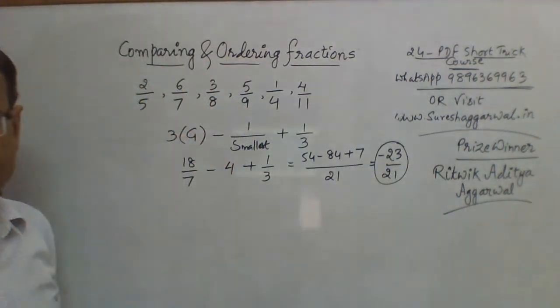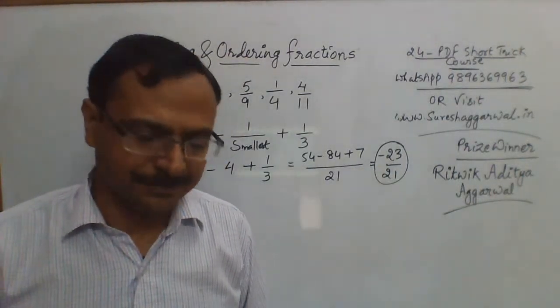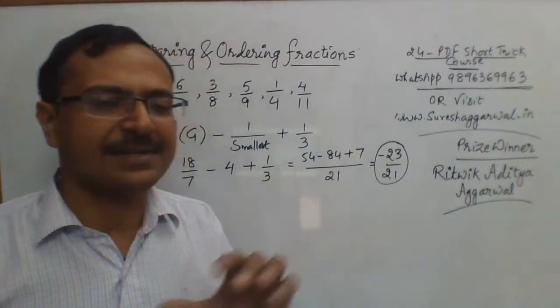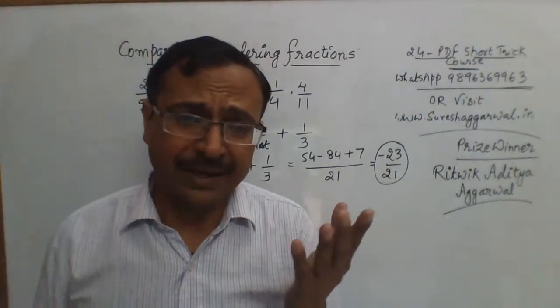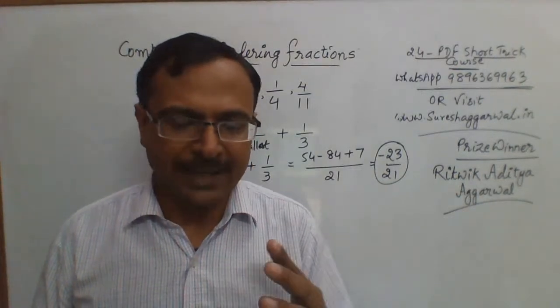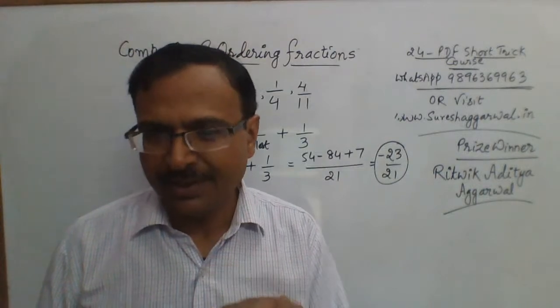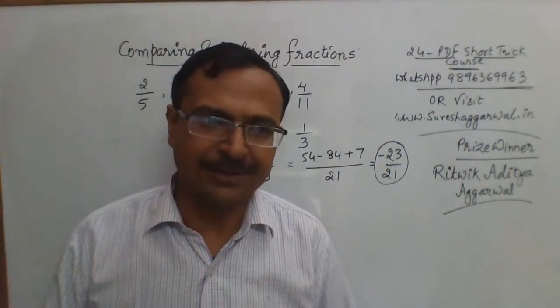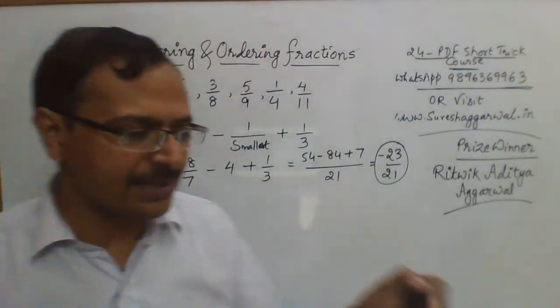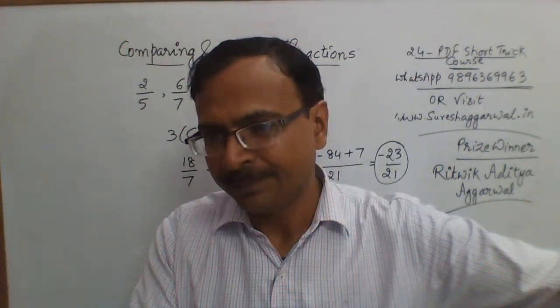So minus 23 by 21, for me that is the correct answer for the question. You need to practice this concept, friends. This is a very, very interesting concept of comparing and ordering fractions through a very, very amazing method. So let me see who gave the correct answer for this one. Minus 23 by 21. That's the answer I'm looking for.